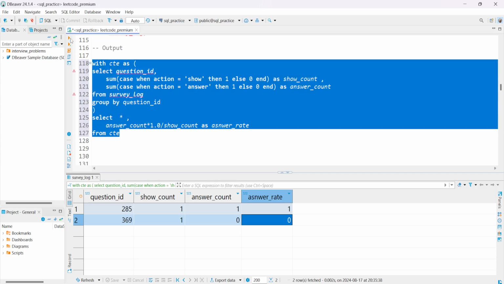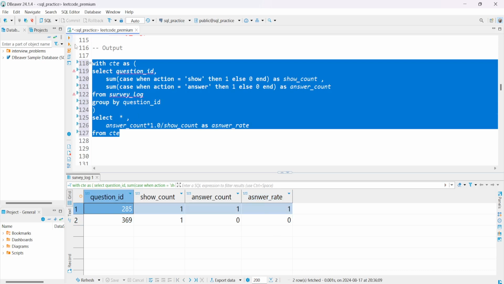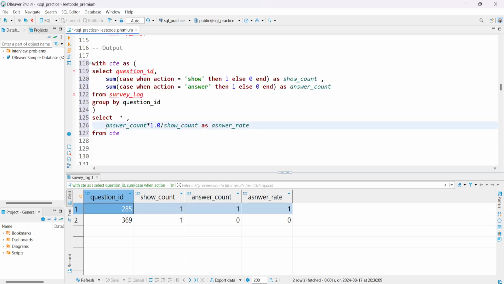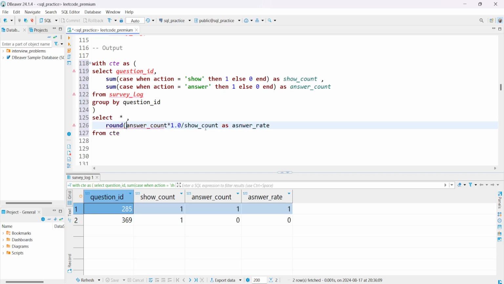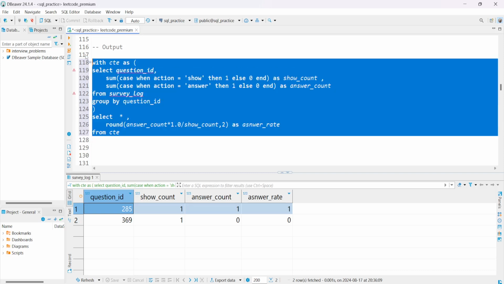Okay, now we got our answer, right? And we can put this to 2 decimal places, so we can use round 2, and run this again. Okay, the same answer, right?